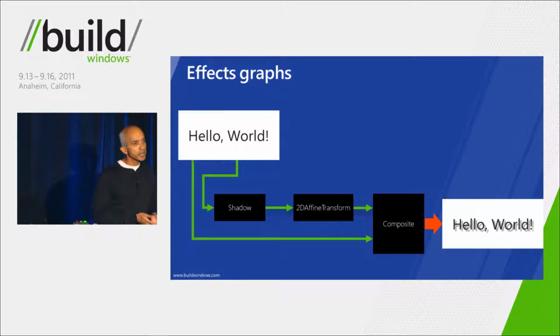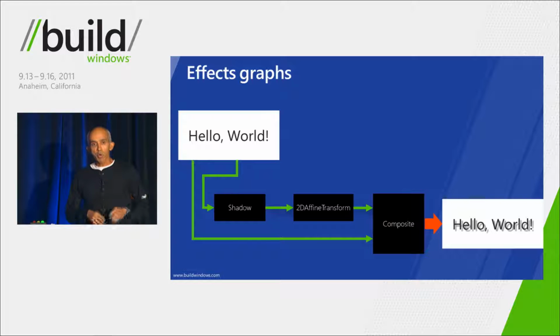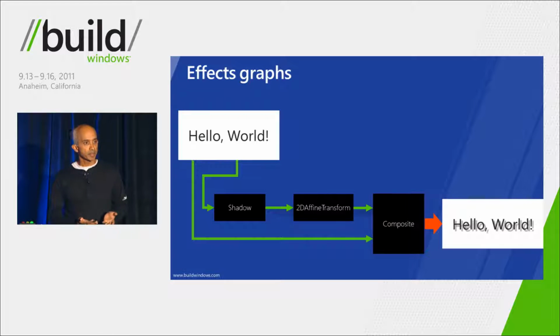I mentioned earlier that the input of an effect can be the output of another effect itself. This gives you a powerful mechanism to connect the effects into a directed acyclic graph to achieve the desired visual effect. This particular graph demonstrates the effects connected to achieve a drop shadow effect on text drawn using D2D.